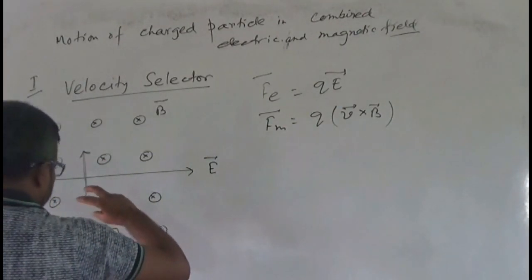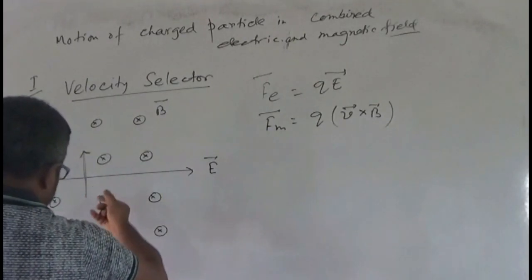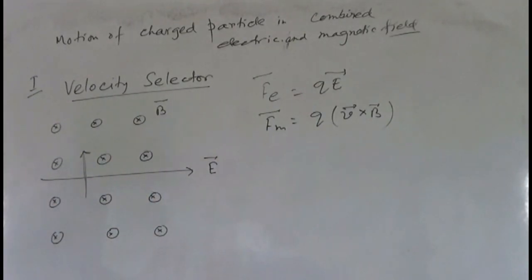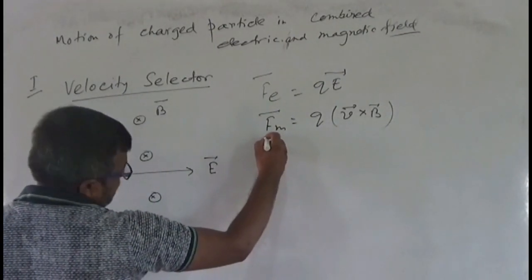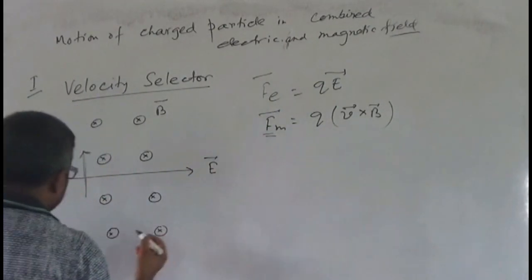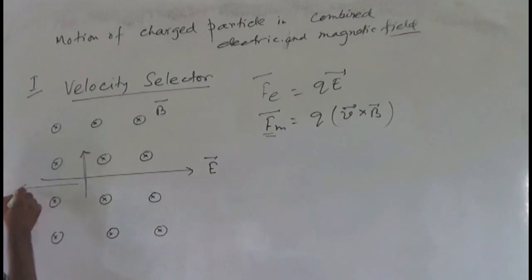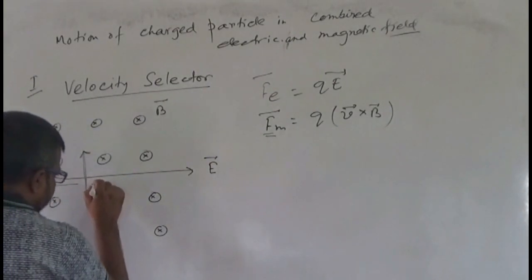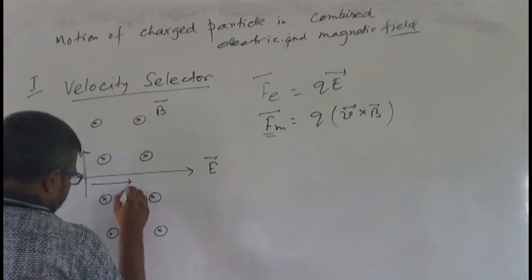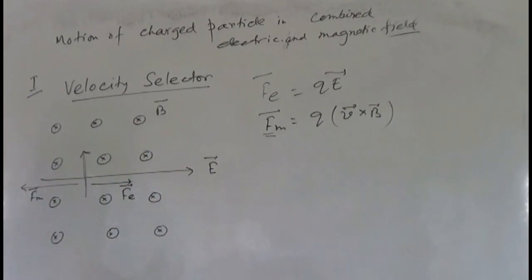Therefore v cross B will be along this direction. That is, the force on the charged particle due to the magnetic field will be opposite to the electric field. This will be the direction of the magnetic force, and this will be the direction of the electric force, and these two are in opposite directions.